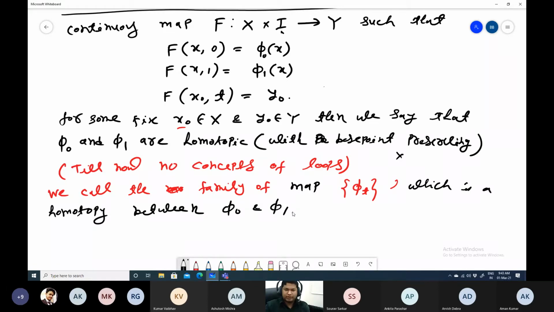Actually, we need lots of notation, so better to write phi 0 and phi 1. In other words, you can say that phi 0 is homotopic to phi 1 via phi t.